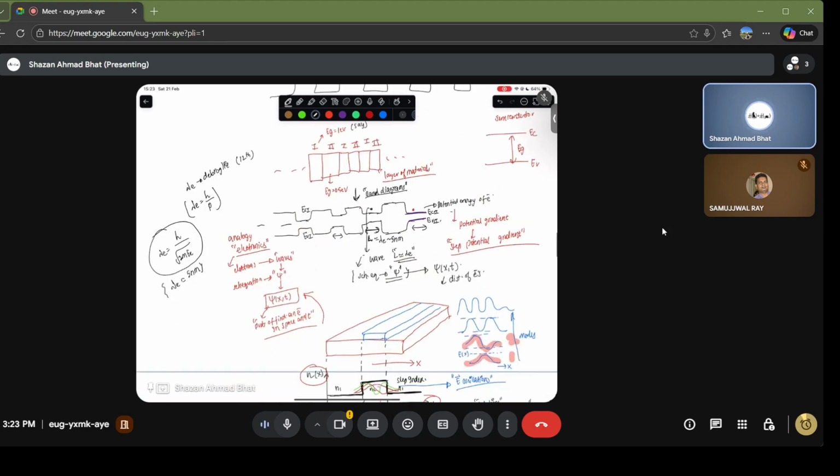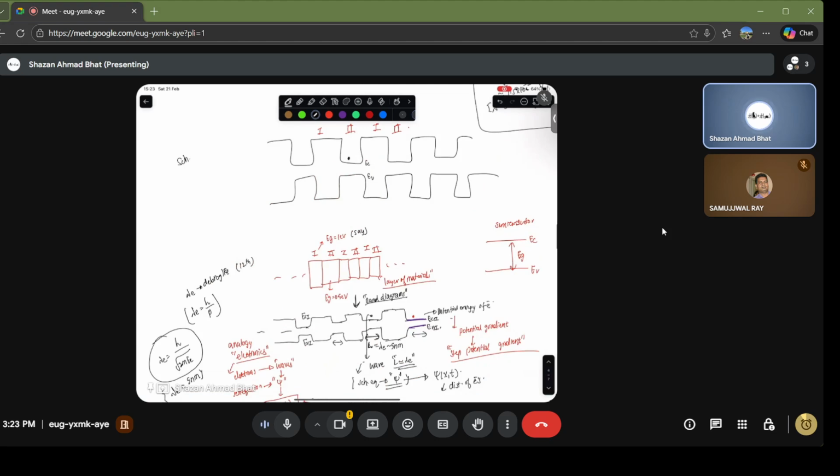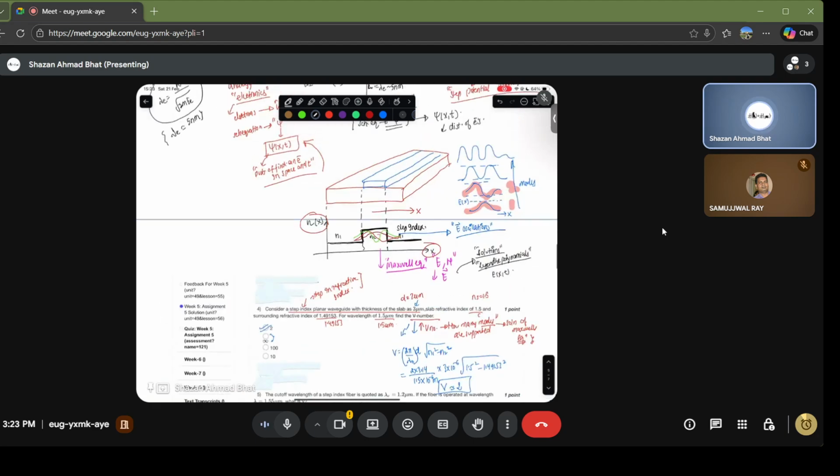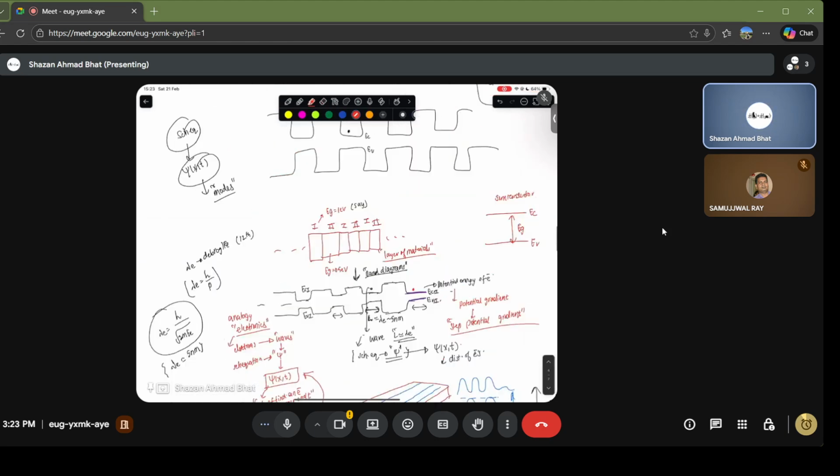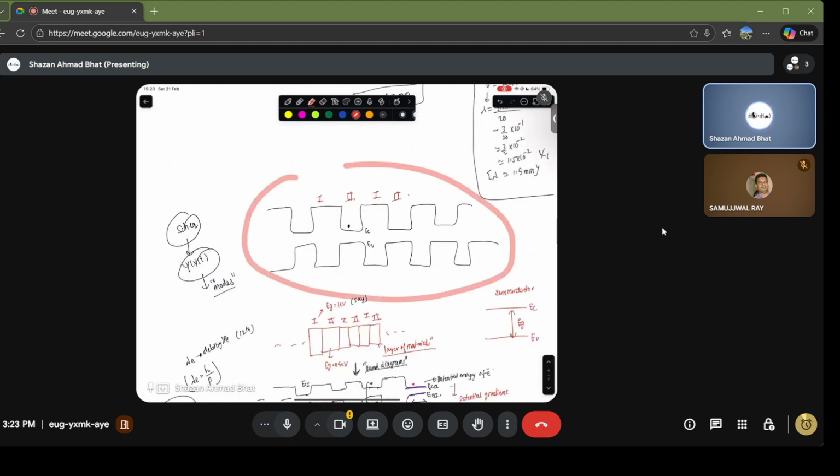The beauty is that once you solve the Schrodinger equation, you get the solutions as wave functions, and they are solutions with different modes, similar to the modes in Maxwell's equations that give you the modes of the electromagnetic waves through the slab because of the gradient in the refractive index. This is the gradient in the refractive index. This is the gradient in the electrostatic potential.